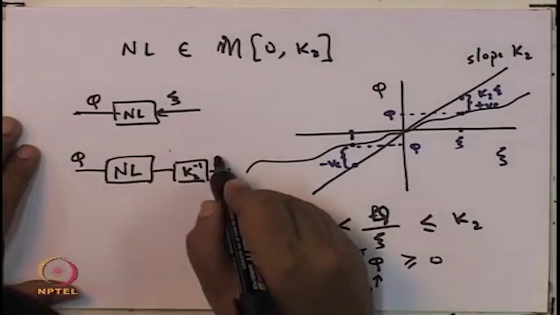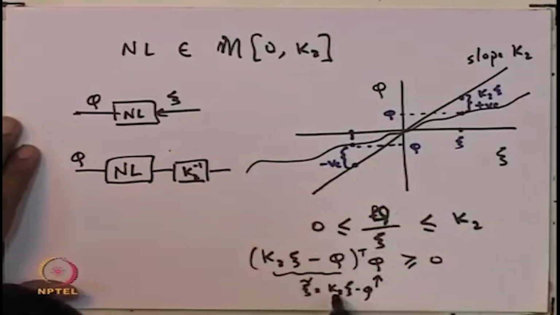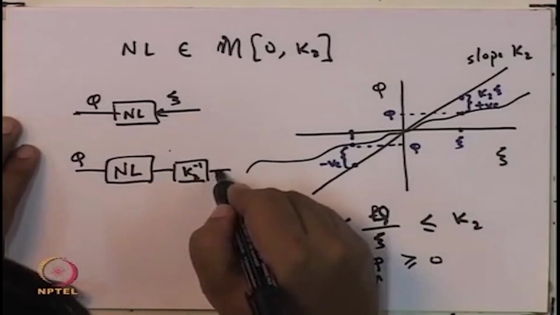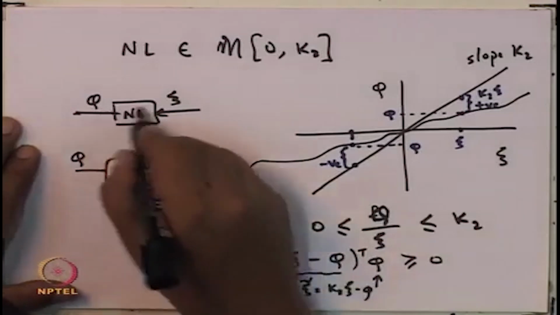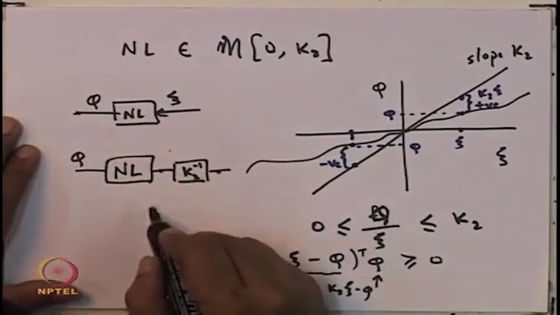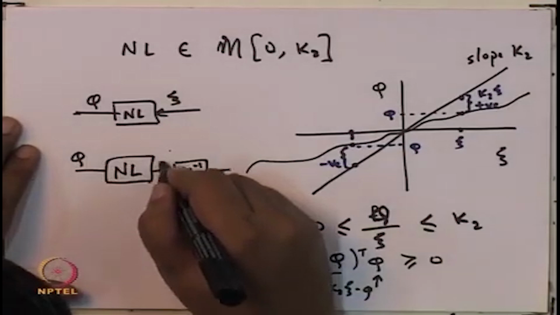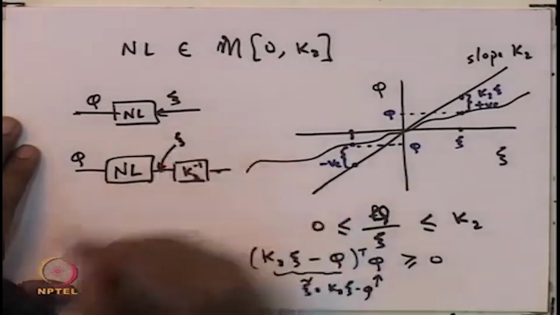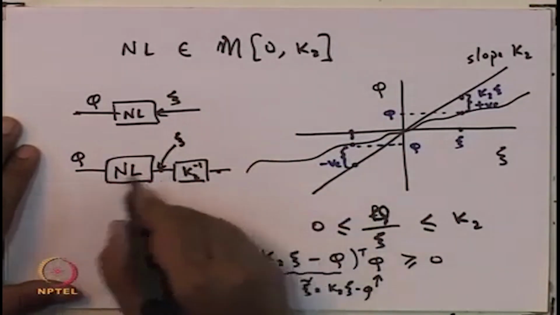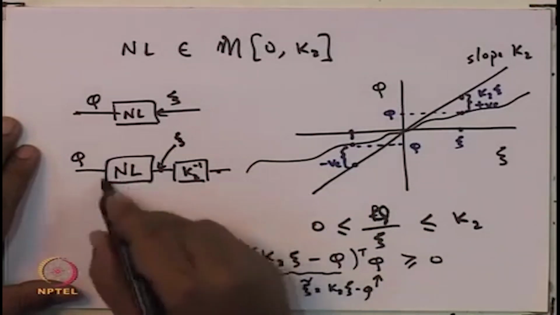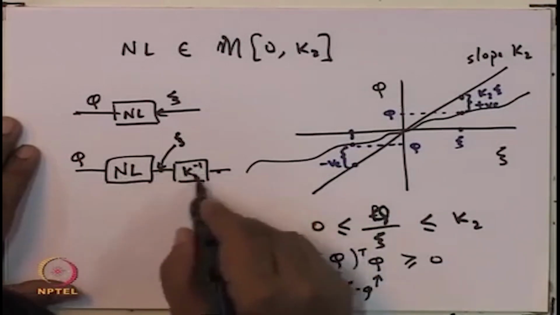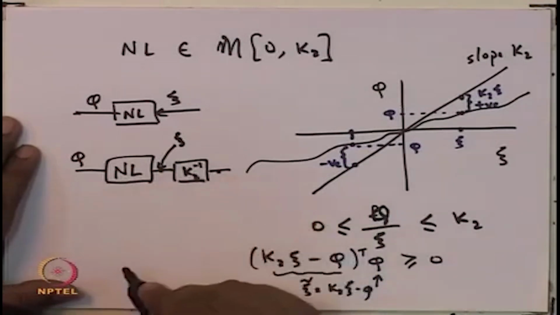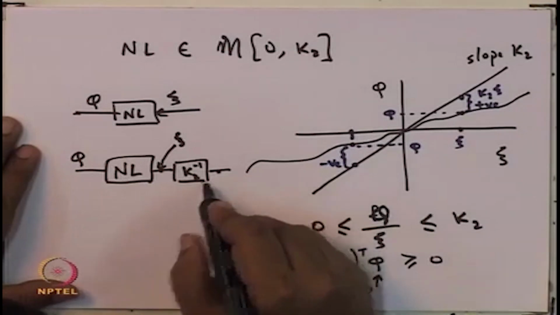So, now if I give K2 psi as the input here, then because of this K2 inverse I will get psi here, and then I have the original nonlinearity. So, before you reach the nonlinearity I am multiplying the input by K2 inverse.